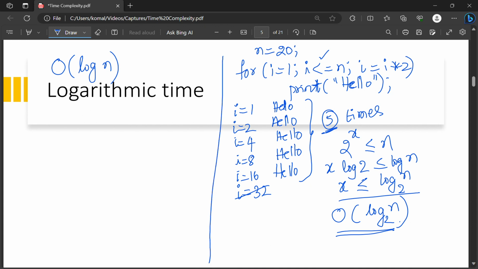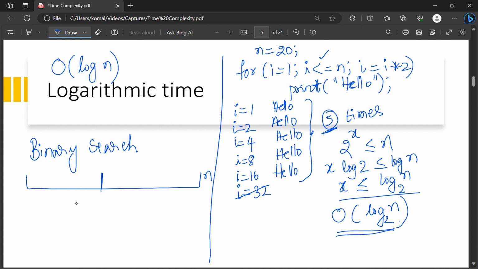Any other examples I can take? One important example for this logarithmic time is binary search. Binary search is an efficient search method which consumes log n to the base 2 time complexity. The idea behind binary search is the whole array whose size is n will be divided into exactly 2 halves.